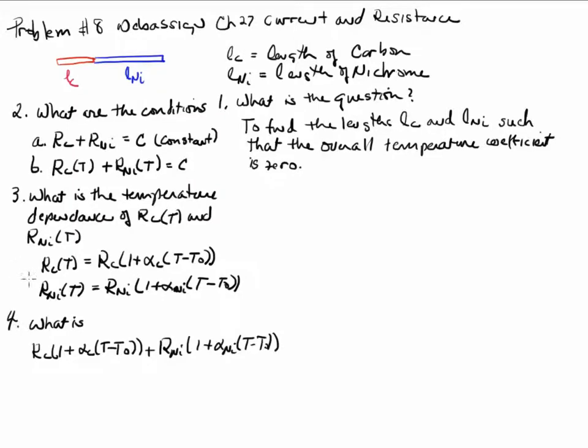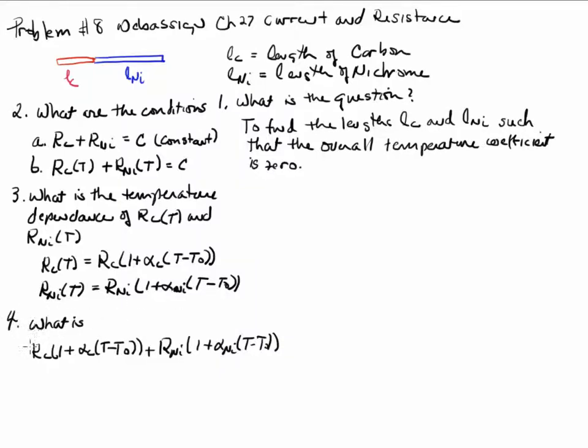Of course, R_C of T is R_C times 1 plus alpha_C, the temperature coefficient, times T minus T0, where T0 is a reference temperature, and R_Ni of T is equal to R_Ni times 1 plus alpha_Ni, the temperature coefficient, times the temperature minus T0, the reference.